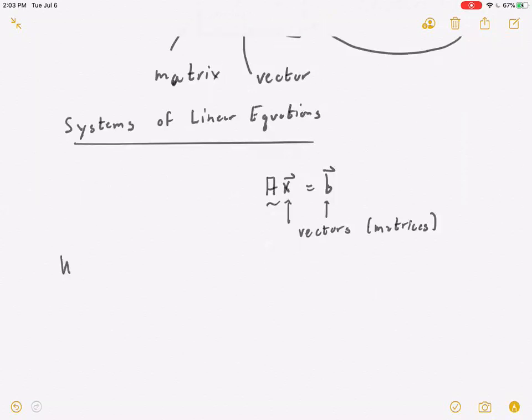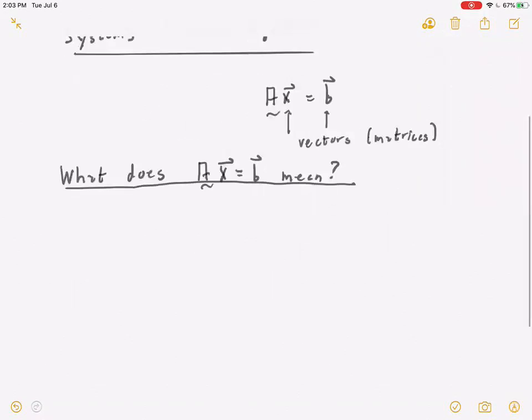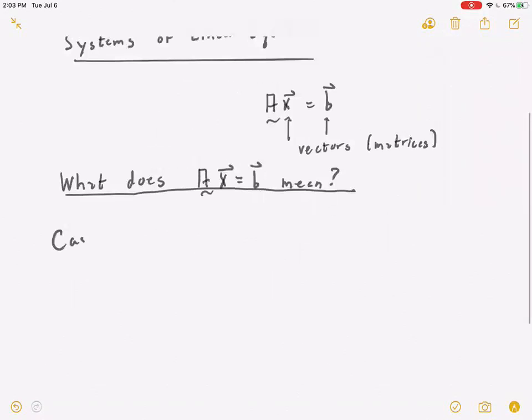So what does my matrix vector equation mean? How is it that this simple little concise equation contains a wealth of information? How do we get that wealth of information? So we looked at some case studies last time, and I'll review these.